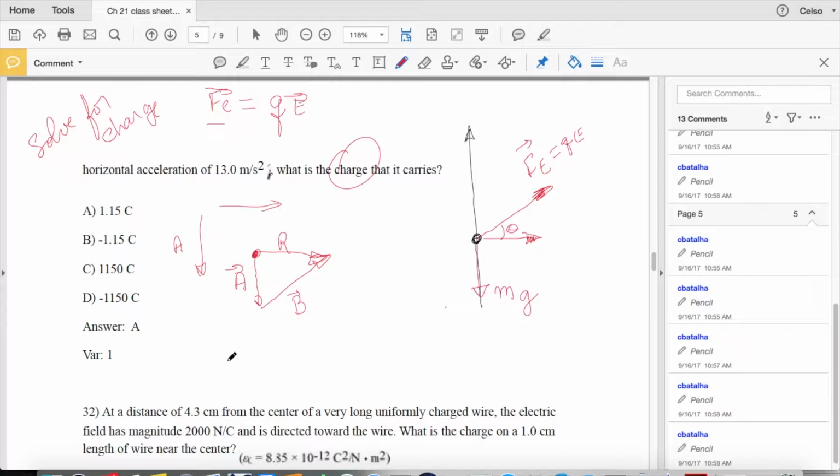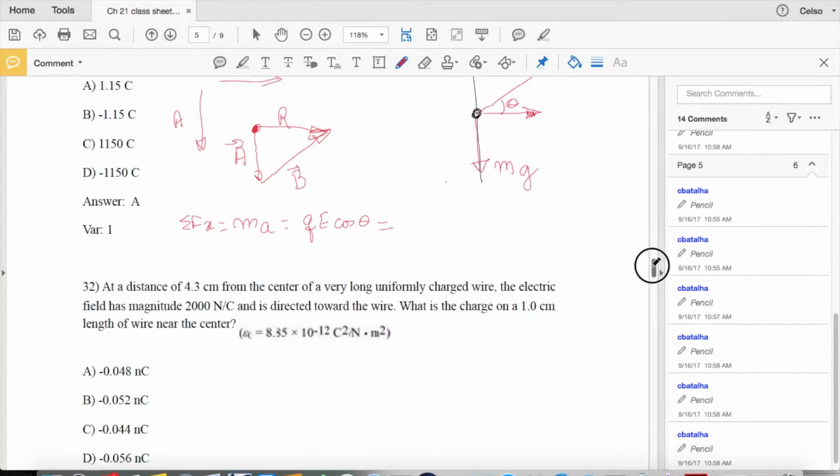Based on that, sum of forces in x, don't tell me zero, because it's not in equilibrium. Sum of forces in x is equal to mass times acceleration in x. So what is the force in x? QE cosine theta. What do we know?